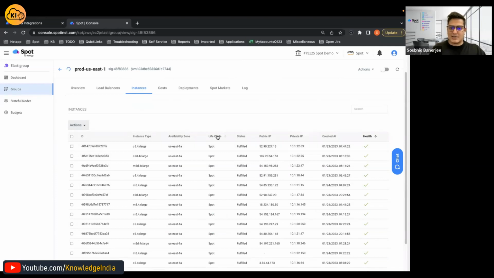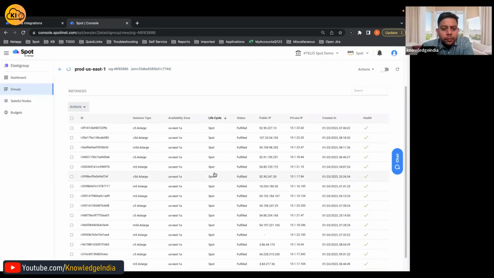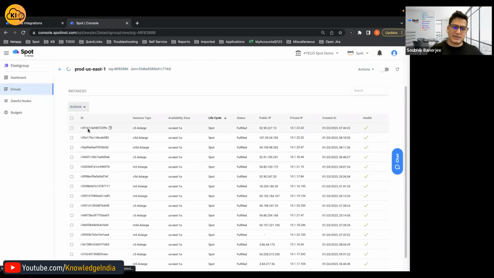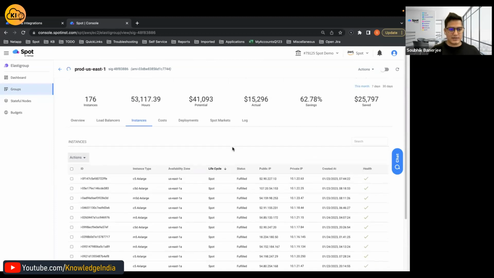As of now, all of them are running on Spot, but if something is running on demand, you will see OD over here. If you click on an instance, it will open in your AWS console. The instance type, availability zone, life cycle, IP, and its health, you can see on the instances tab.